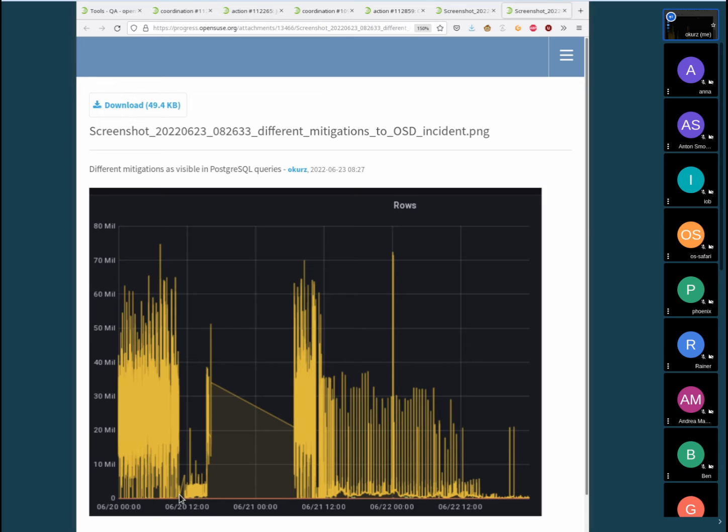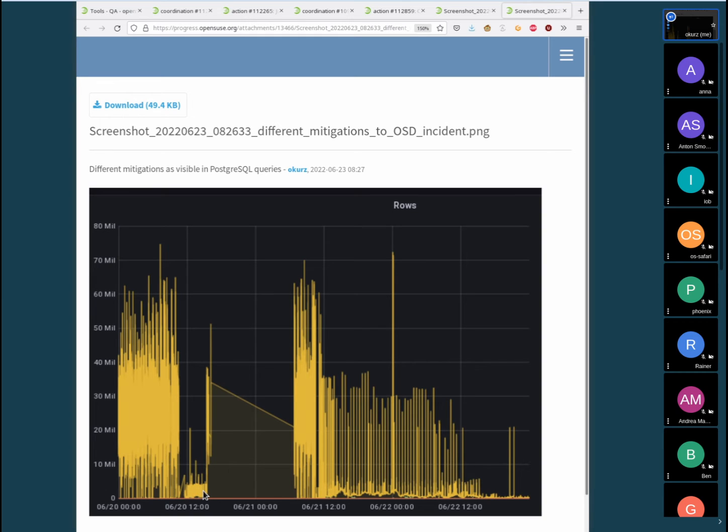First, we tried some mitigations. We stopped a lot of non-critical services, at this time we didn't exactly understand it properly. And actually, as you can see here, this is rows being higher than what we wanted to have, which is like a near flat zero line.